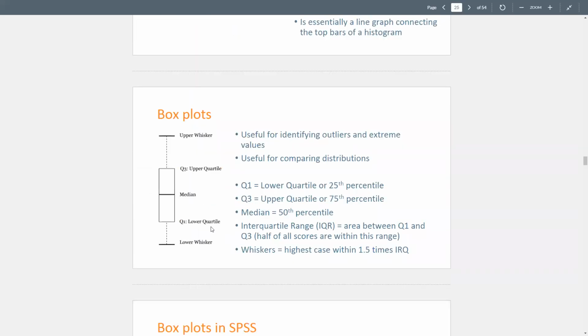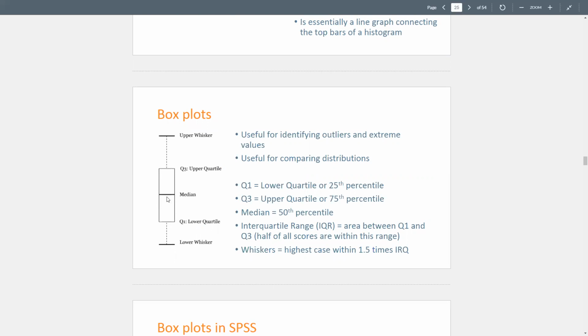Box plots are also really good at comparing distributions and for identifying extreme or outlying cases. The box here usually represents what we call the interquartile range. This is where about half of the scores in the distribution lie.